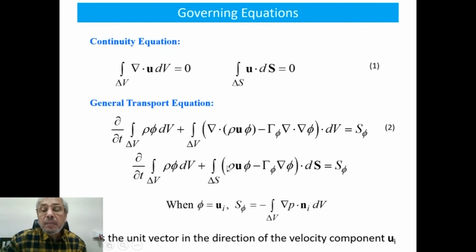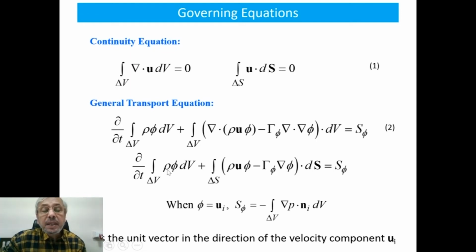Here we combine the convection and diffusion parts together, and evaluate this volume integral through the surface integral over the confining surfaces, and we apply mass lumping here.